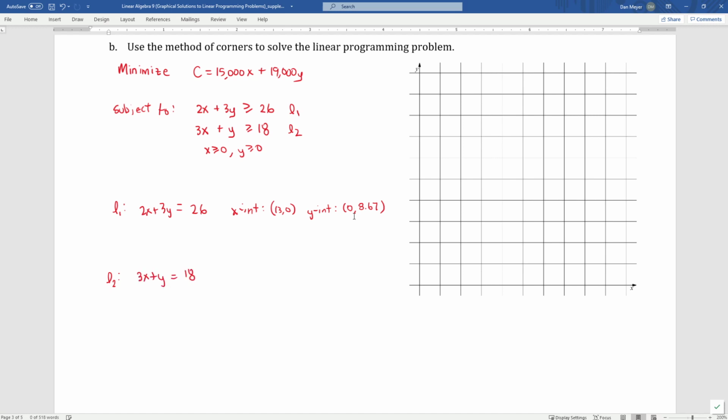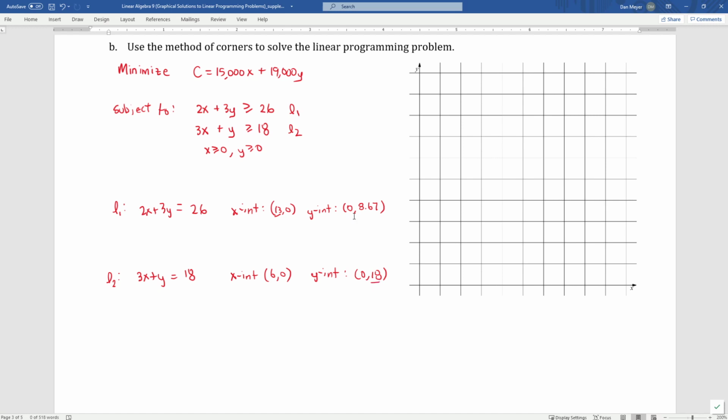I said I was going to graph these one at a time, but before I graph them, I have to figure out what my scale is going to be. The x-intercept for the second one is going to be (6, 0), and the y-intercept would be (0, 18). So it looks like I'm going out to 13 on the x-axis, and up to 18 on the y-axis.